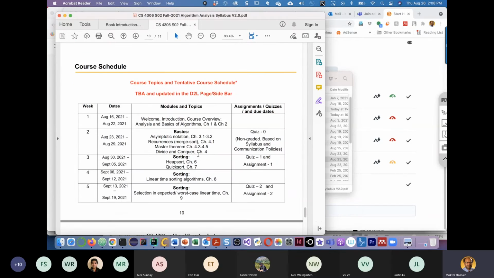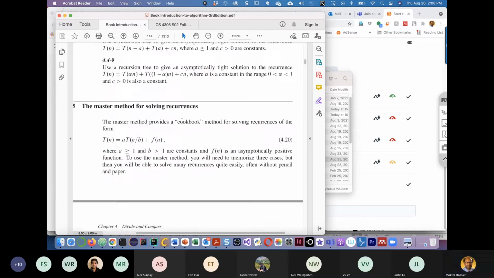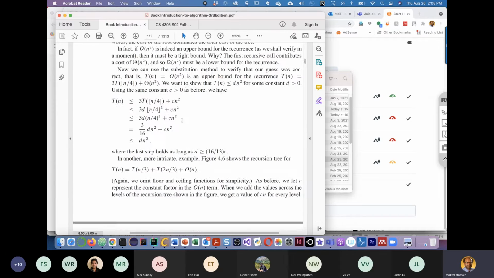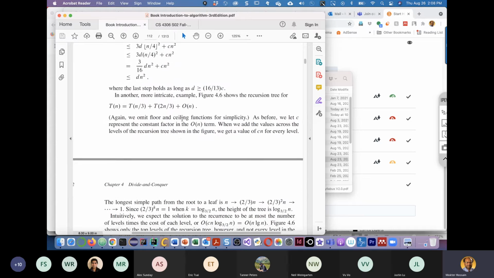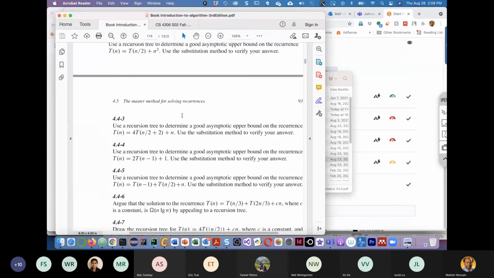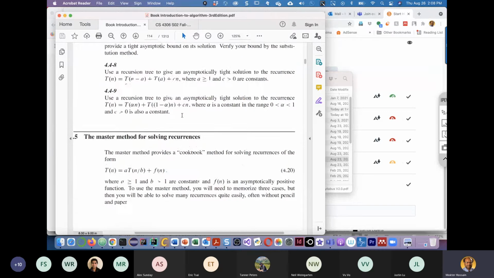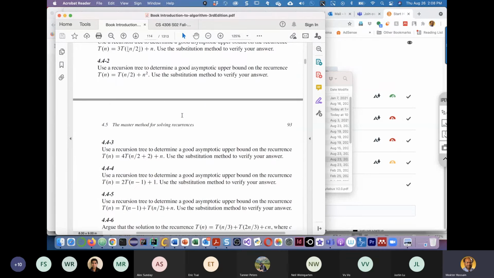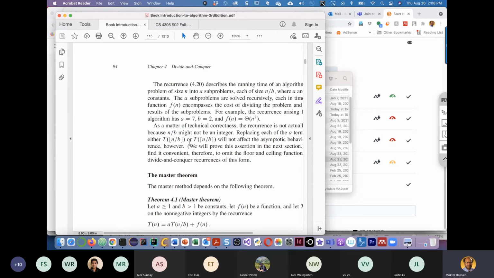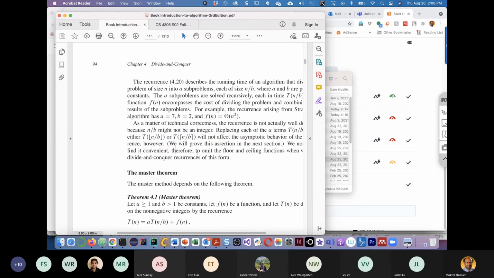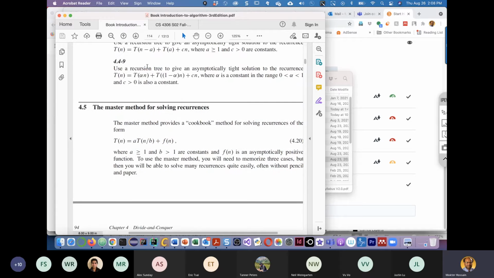So according to our course schedule, in this lecture today we will discuss master theorem mainly. So our goal will be to discuss master theorem. In your book, if you go to page number 93 in the PDF, here you will get 115, maybe 105, then 114.